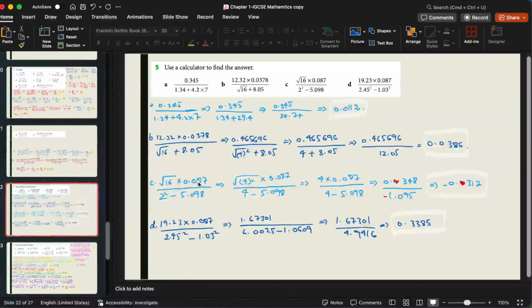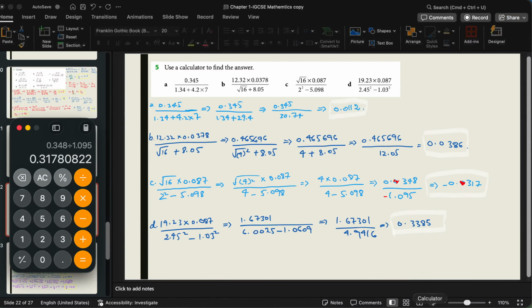And at last, the last expression is 19.23 multiplied by 0.087 in the numerator, and in the denominator we have 2.45 whole square minus 1.03 square. So in here, if we use the calculator, 19.23 multiplied by 0.087, we will do first with the numerator.